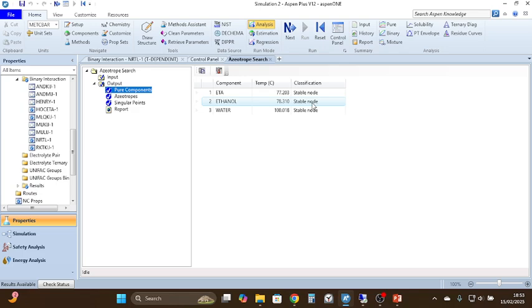The fact that these are stable nodes is that there won't be any deviation from these points. Remember that whenever we are doing a binary analysis or a ternary analysis, we are usually interpreting graphs which give us values in terms of pressure and temperature. Whenever we traverse through the graph, it will be in terms of temperature or pressure. In this case, we have fixed the pressure and the temperature is going to vary.